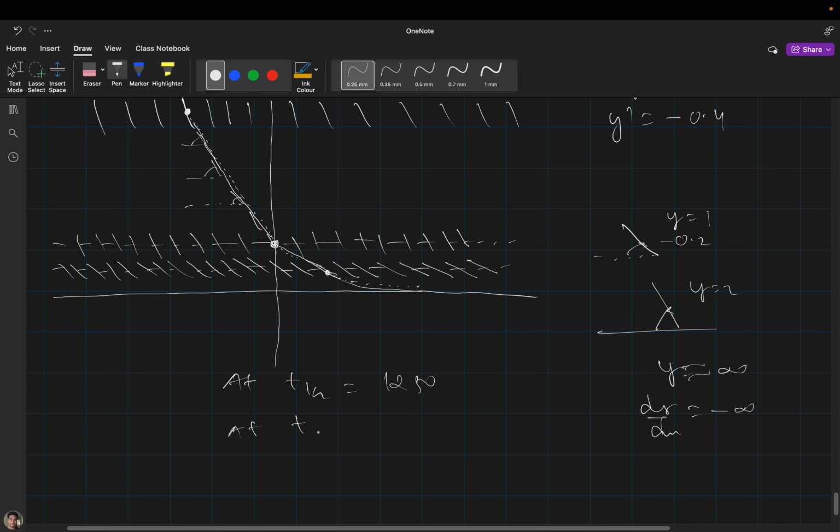And at t equal to 0, if someone says capital N is this, or in this case suppose y is something like 12, then this is the boundary condition. Then this graph should start from this, at t equal to 0, y equal to this. Then this solution will be called what? Particular solution. Otherwise, if you don't have the boundary condition, there will be a family of solutions. Are you getting it, what I'm trying to say?